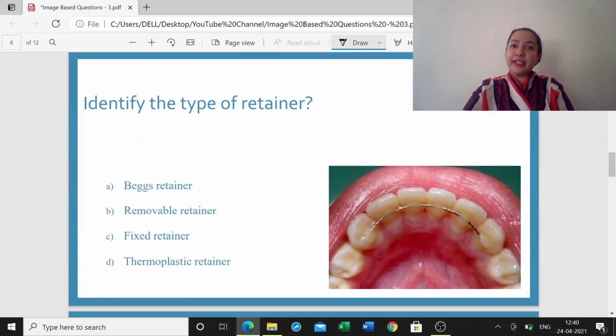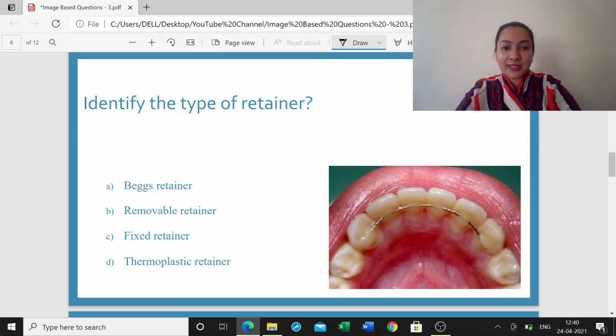Identify the type of retainers. So what are retainers? Retainers are given at the end of orthodontic treatment to make sure that there is no relapse. All the orthodontic corrections are retained. There are different kinds of retainers, like we have Hawley's retainer, which you all might have prepared during your BDS postings. Next is the thermoplastic retainer. We just saw how a thermoplastic machine looks.